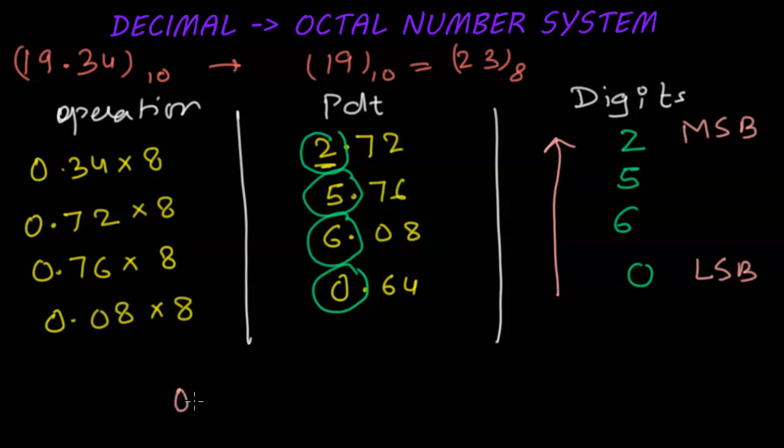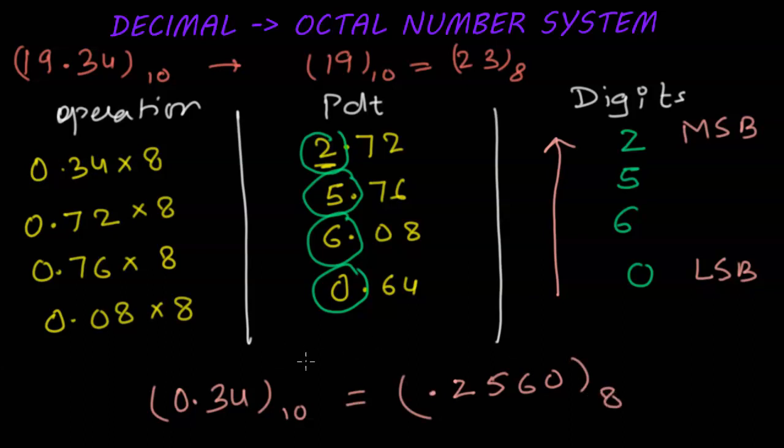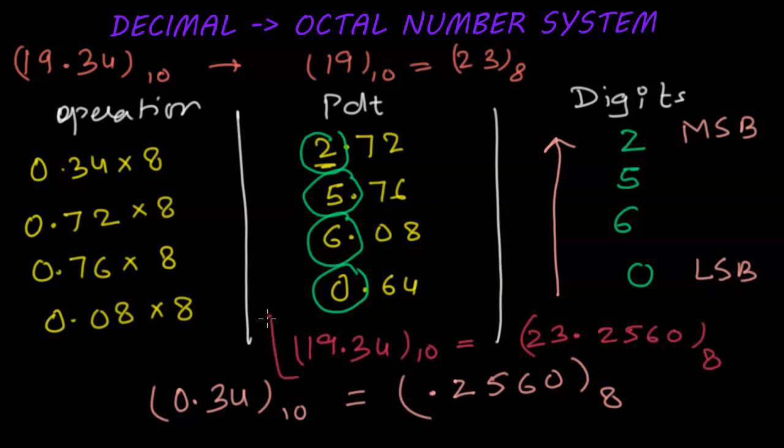So 0.34 in its decimal form can be written as .2560 in its octal form. Hence, in totality, we have 19.34 as my decimal number, which can be written as 23.2560 in its octal form.